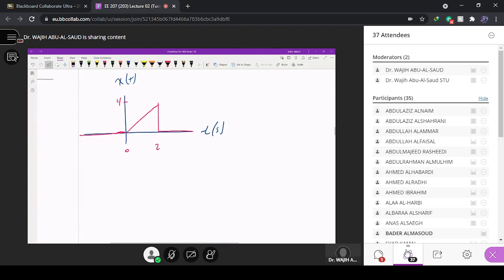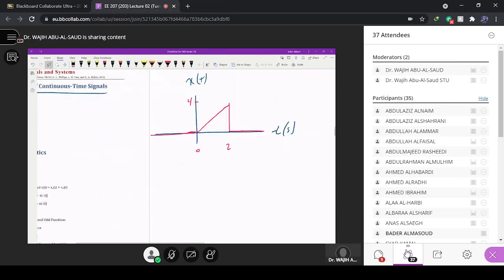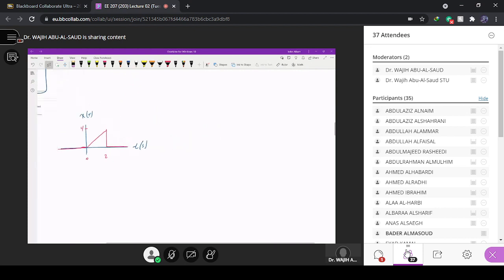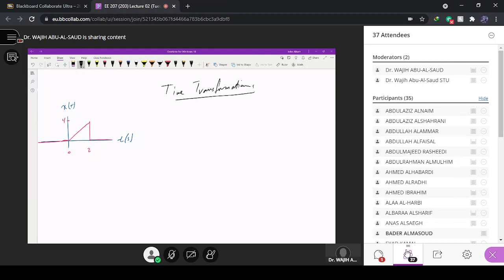If someone asks you, can you tell me what is time reversal? So now we're talking about time reversal. Let's say time transformations, and let's say reversal.